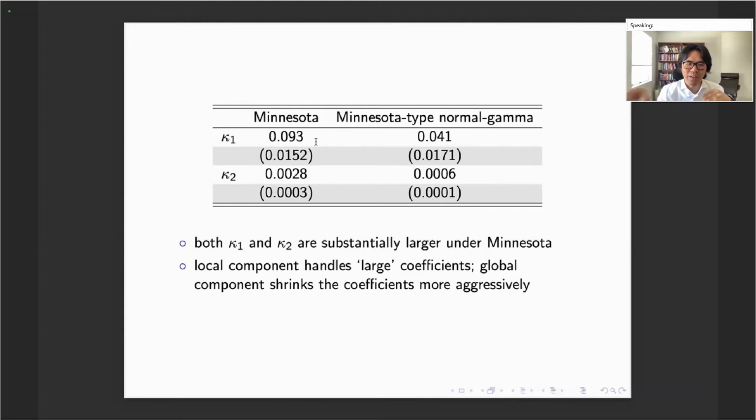If you take care of that, then you can apply more aggressive global shrinkage. And this is exactly what's happening, right? So compared to the Minnesota prior, that doesn't have the local component, kappa 1 is reduced by more than half. Kappa 2 is even a few times smaller. So these results show that both features are present, meaning the cross-variable shrinkage and the value of the local component.